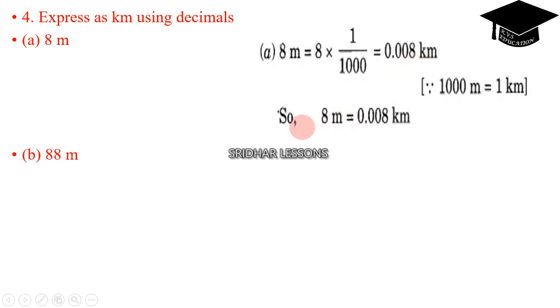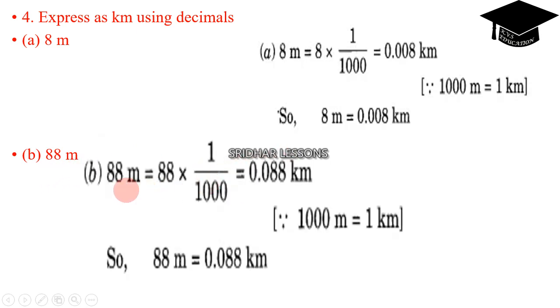Now tell me, students, how can 88 meters be converted into kilometers? 88 meters is equal to 88 into 1 by 1000, that means 0.088 kilometers. Again the reason is 1000 meters is equal to 1 kilometer.